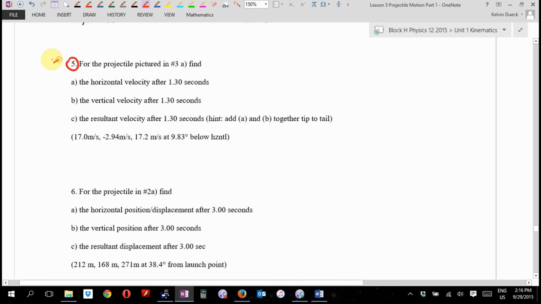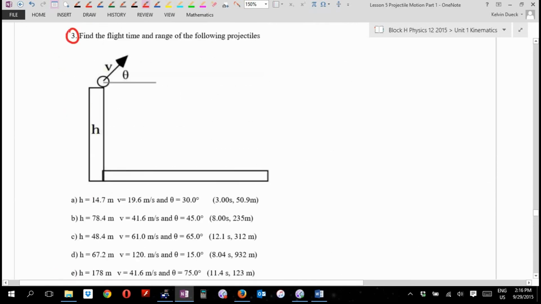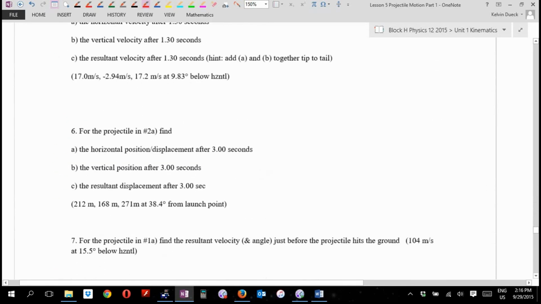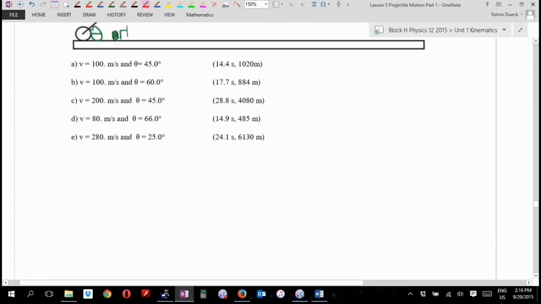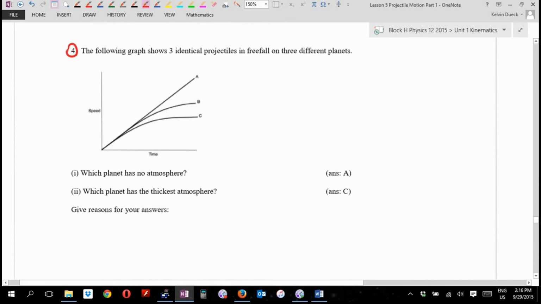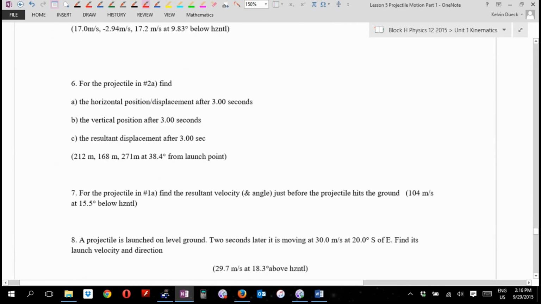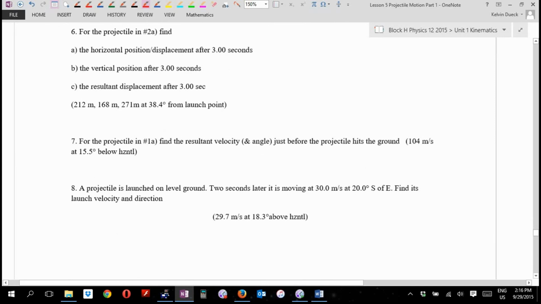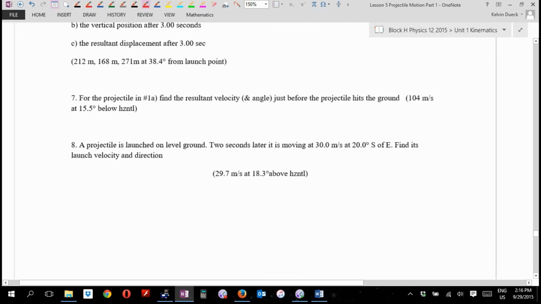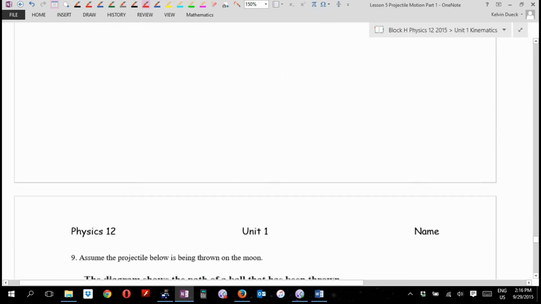Number 5 is very difficult. See if you can get that one. That's in number 3, and number 3 is the cliff, yes? Number 6 is talking about off the ground. I'm not going to worry about number 6. 7 and 8, maybe not.